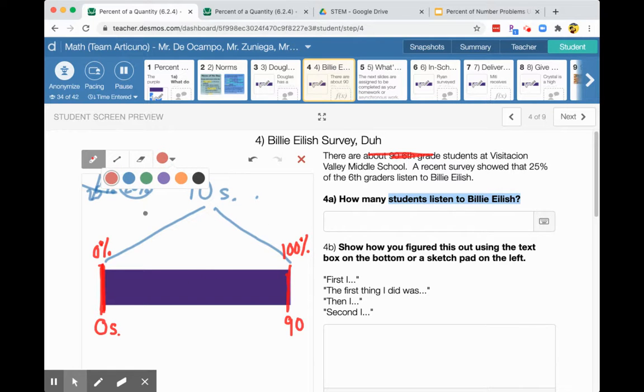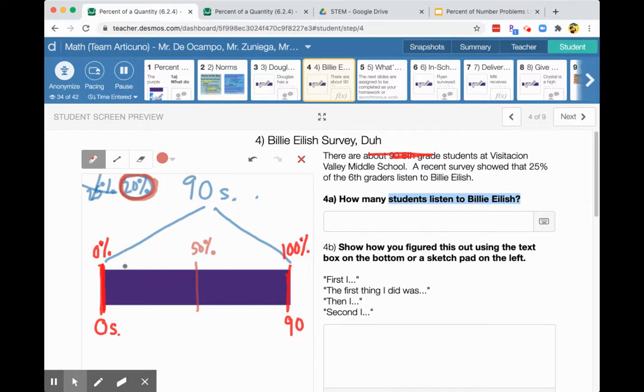All right, I want 20% because that's what the problem says. There's many ways to divide this bar. You don't have to split it up in tens, but I'm going to. I want 20%, and this is my way of showing 20%. Here's 50%.